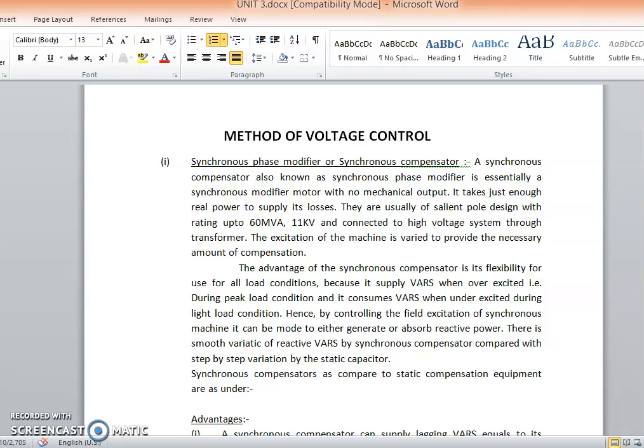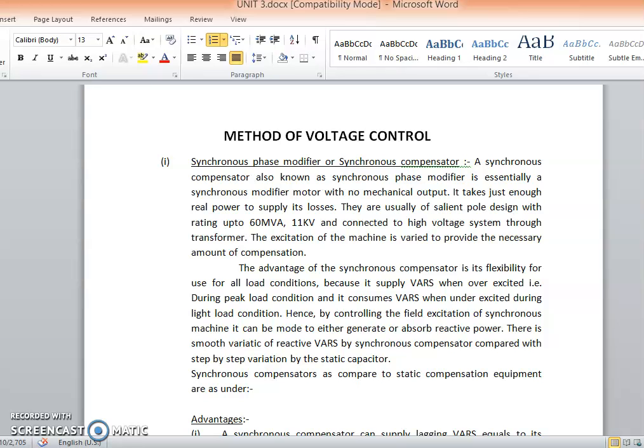A synchronous compensator, also known as a synchronous phase modifier, takes just enough real power to supply its losses. They are usually of salient pole design with rating up to 60 MVA, 11 kV, and connected to the high voltage system through a transformer.